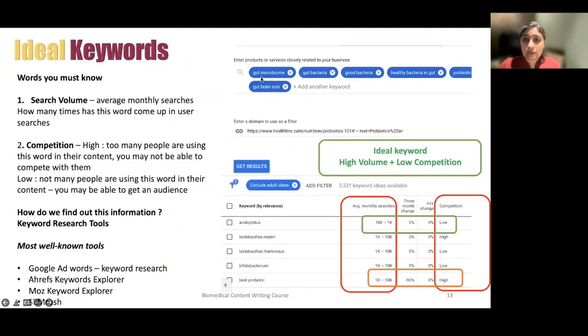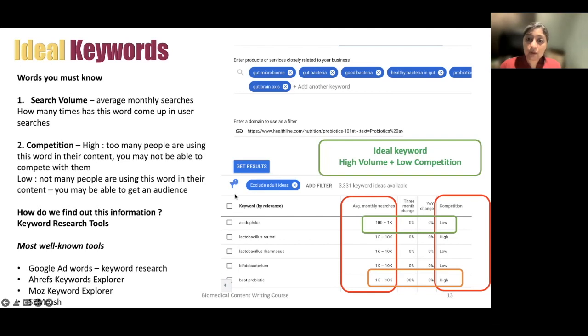The idea is that you enter the keywords, products, and services that are related to the topic that you want to write about. So if you're writing about gut microbiome, we're looking at gut-brain axis, gut bacteria, good bacteria, healthy bacteria in the gut. These are all topics that you would include if you were writing a blog on gut microbiome, right?